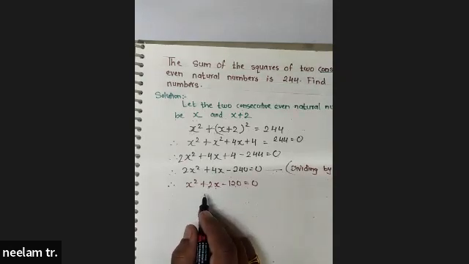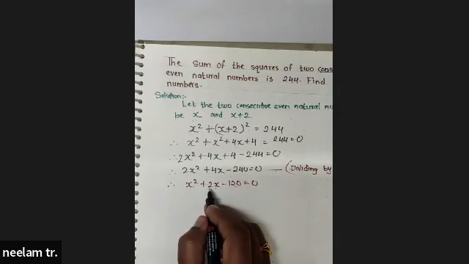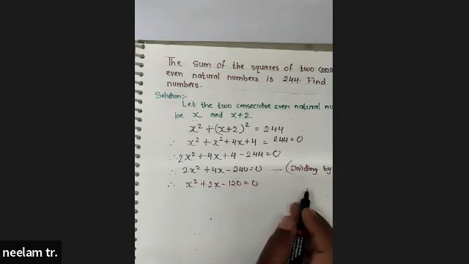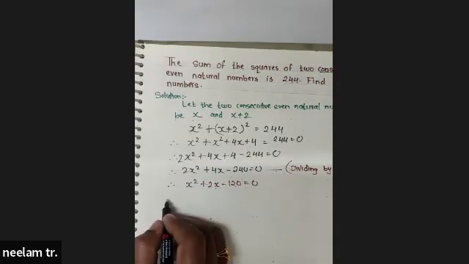Now I need to take out the factors of minus 120, which will give me 2x. So 12 tens are 120, and 12 minus 10 is 2. You got your factors.